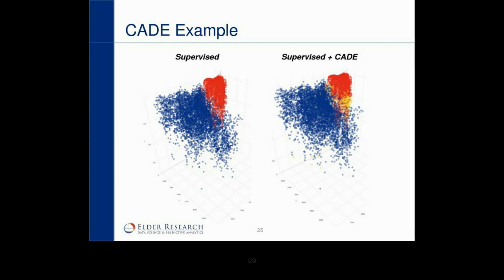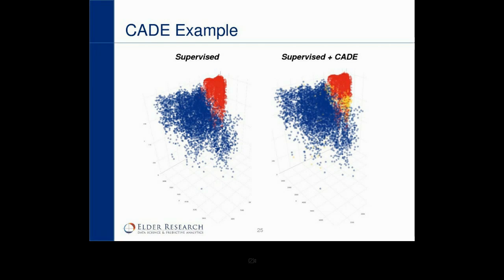Now we took just the blues, and we applied a process named CADE, which takes those blues as they are and labels them as zeros. These are goods.